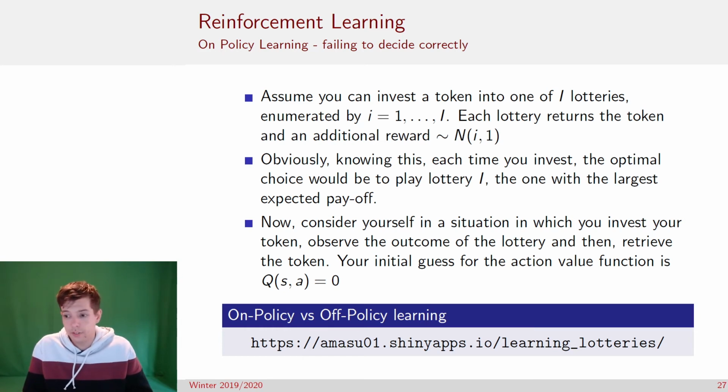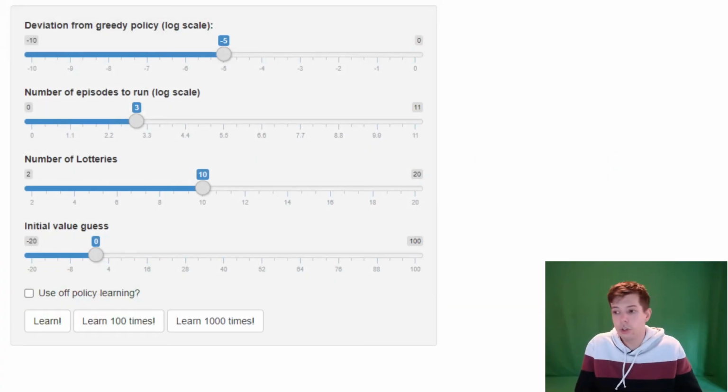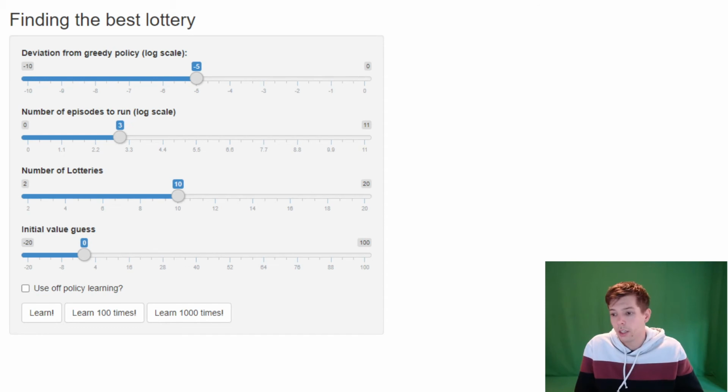So let's have a short look at this Shiny app that you have already seen before. This Shiny app allowed us to learn something, showed us how well we could find the optimal policy in this lottery setup. We have a deviation from the greedy policy in log scale, so it's e to the power -5 and so on.